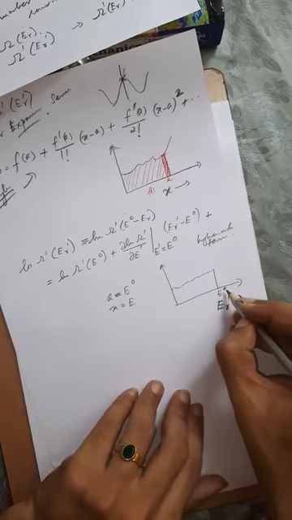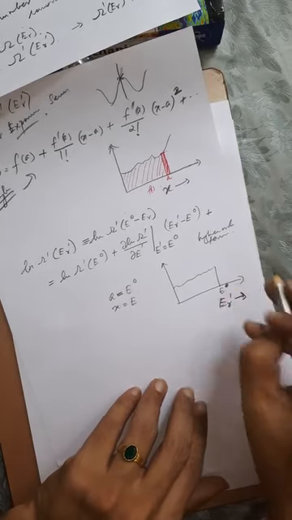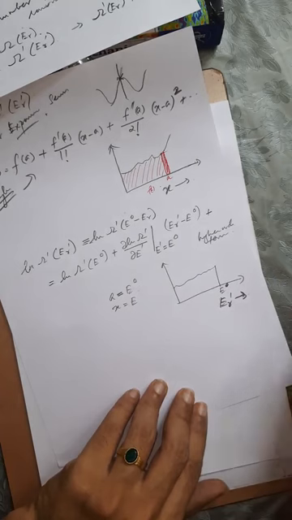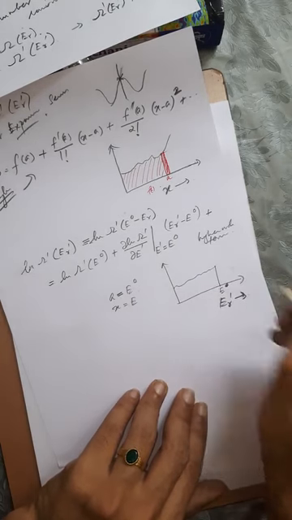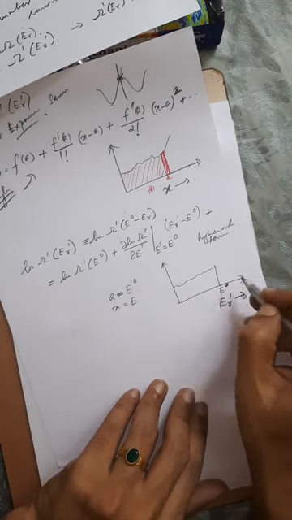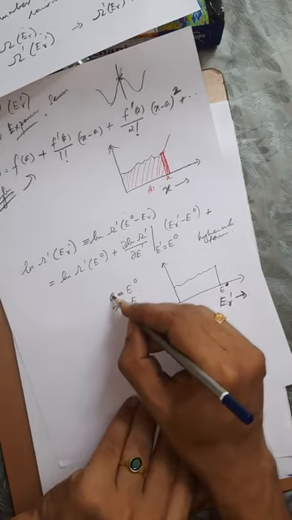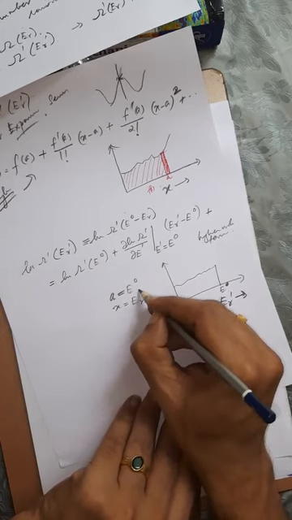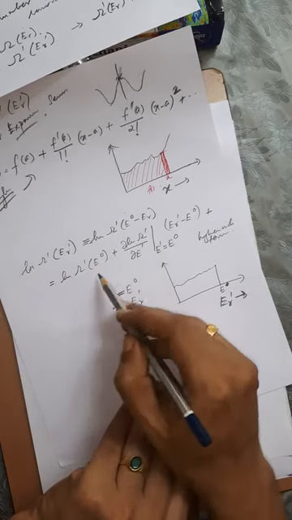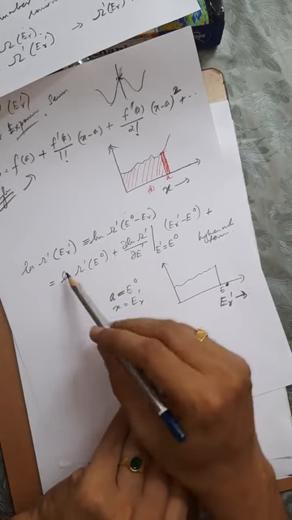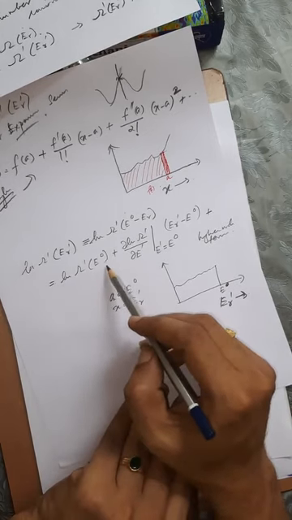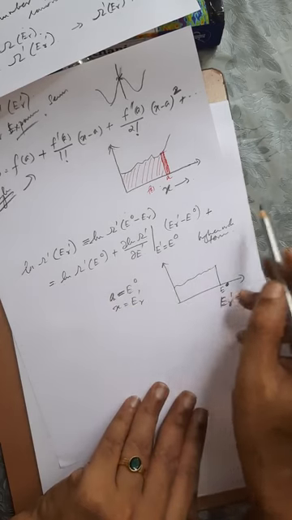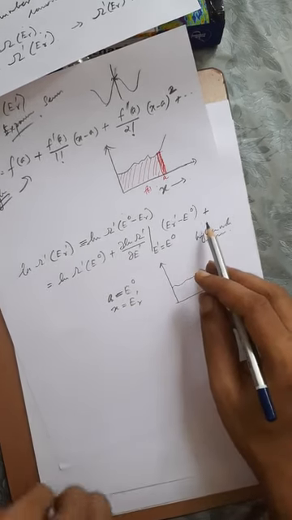The biggest value of E_R dash is E0, right? I just got lost. So the biggest value of E_R dash is E0, and I am expanding about E0. So A is equal to E0, x is equal to E_R dash, and in that case I can write it like this: ln of omega dash E0 plus dou ln omega dash by dou E dash times E_R dash minus E0, plus higher order terms. That is how you expand that.